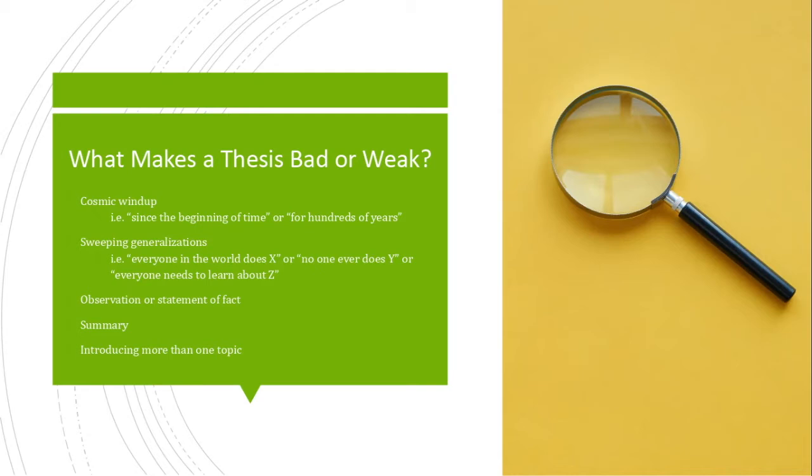But you don't want to talk about addiction in general. You don't want to say, I'm going to talk about opioid addiction, and I'm also going to talk about marijuana, and I'm going to talk about gateway drugs, because then it just gets messy. And that's part of deciding an argument, but also of introducing something in your thesis. Don't introduce something in your thesis if you're not going to be using it in your paper. Everything in your thesis should be the foundation for something in your paper.